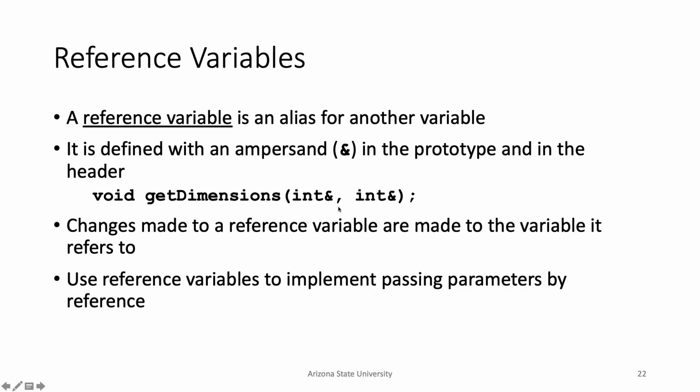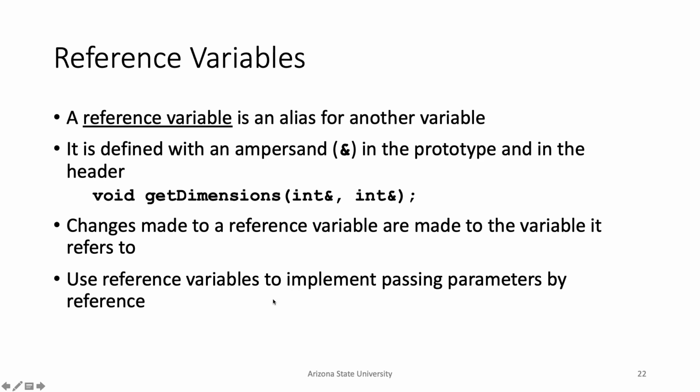So instead of saying int some variable name, you say int ref the variable name. Okay? It doesn't have to be sandwiched to the int. You could put a space if you want to, but it appears right after the type. So if you want a reference to a double, you say double ref the variable name.